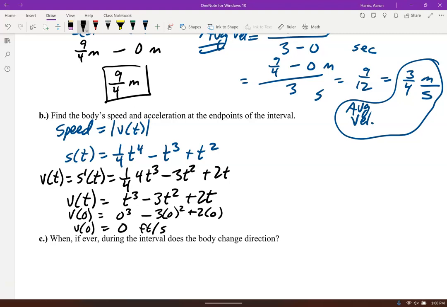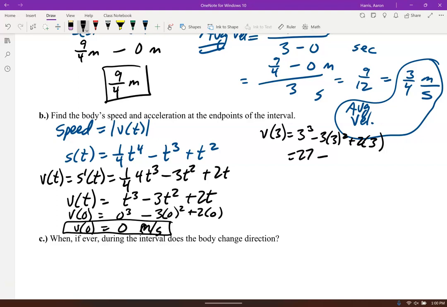Or I'm sorry, this is meters per second. Meters per second. That's at one endpoint. Now let's plug in at 3. So I got 3 cubed. And that'll end up being 6 meters per second. Okay.